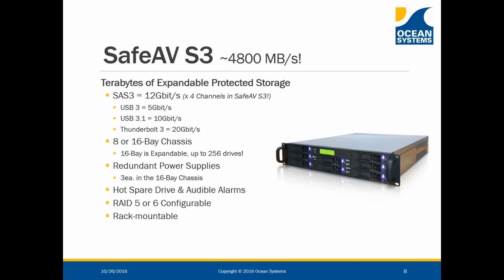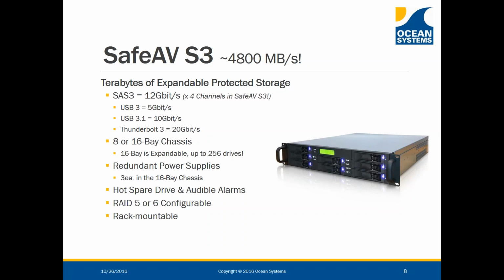SafeAV comes in 8 or 16-bay chassis. The 16-bay chassis is expandable, meaning your storage can grow with you. By default, our 16-bay chassis is configured as 60 terabytes, but you could add up to 15 more chassis to that configuration, putting you around a petabyte of storage from SafeAV S3 systems.